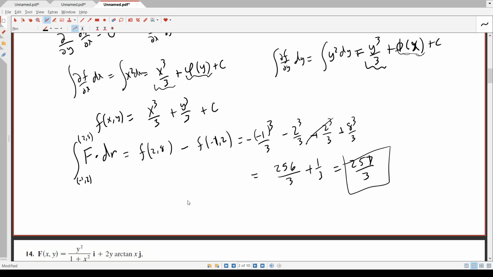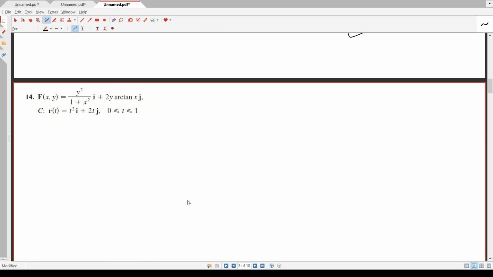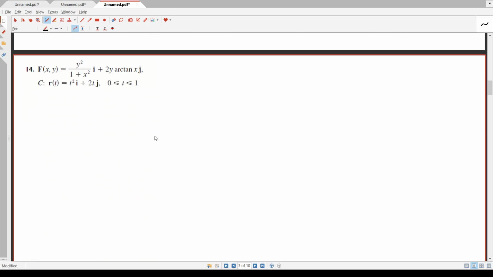Okay, let's do one more. So here, let's see if we can write this as the gradient of something. So again, I'm going to have f, which is y squared over 1 plus x squared, and 2y arctan of x.